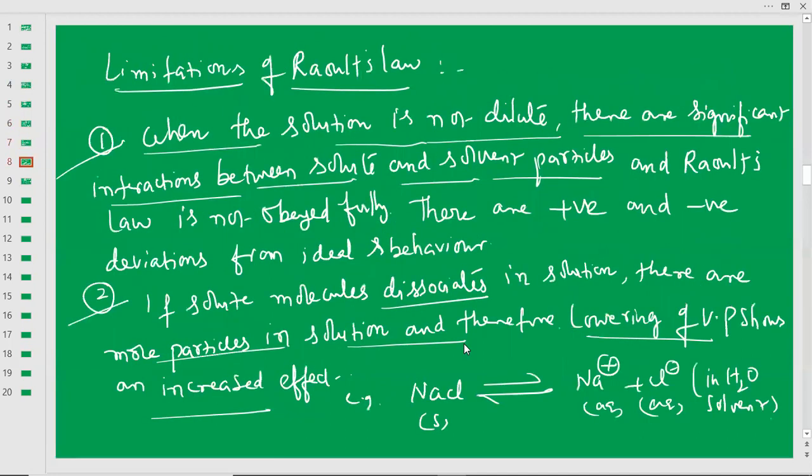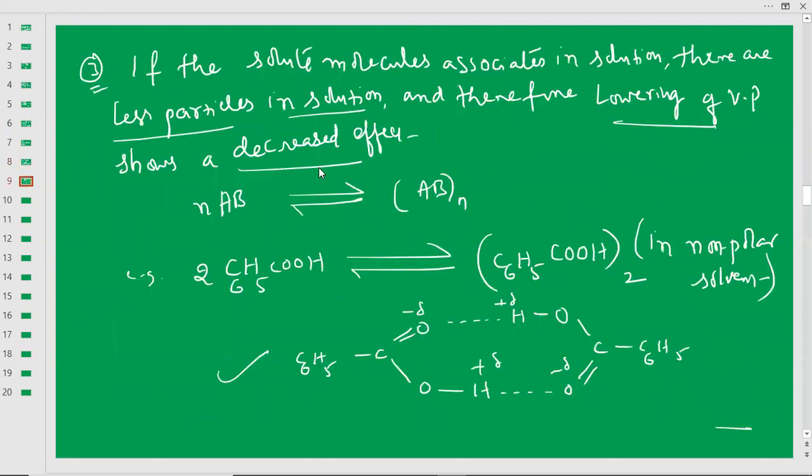And the limitations observed when the Raoult's law is said to be obeyed is the solution should be dilute. It should not be a concentrated one. When a solution is not a dilute one, it is problematic for Raoult's law. It leads to deviations from ideal behavior, and dissociation of solute and association of solute also should not take place.